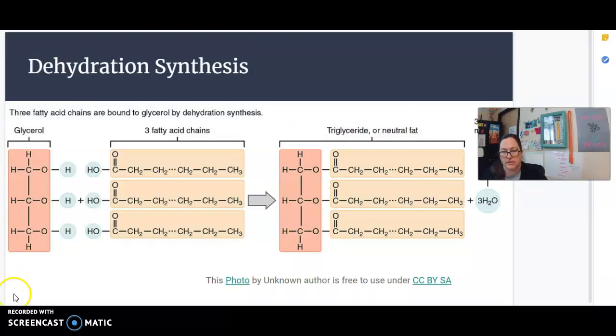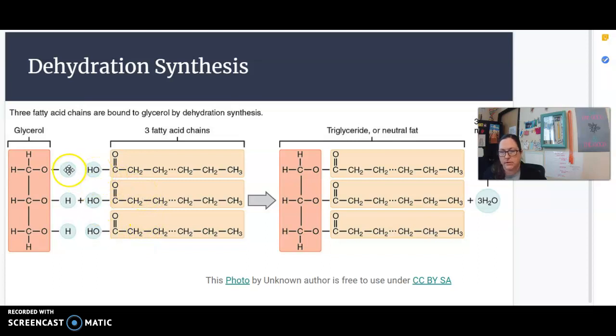So here, this is one example of many examples of a possible dehydration synthesis reaction. So here you have a glycerol, and you have three fatty acid chains. So the glycerol is going to give up hydrogen, and the fatty acid chains give up an OH group.